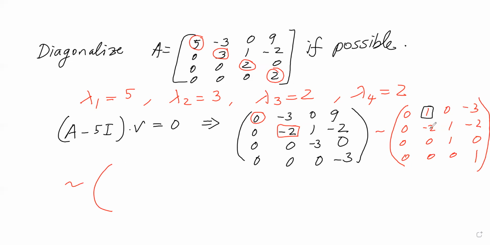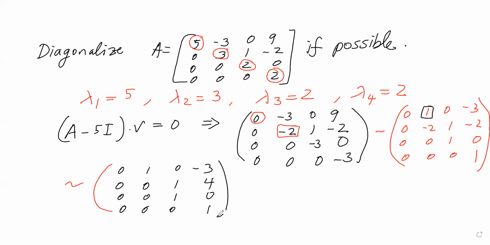So multiply by 2 and add it to the second one. So 0, 1, 0, negative 3. And this will be 0, 0, and this is still 1, and I multiply this by negative 2, so that's positive 6 minus 2, that's 4. And these ones are the same.